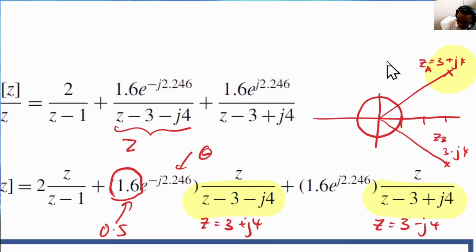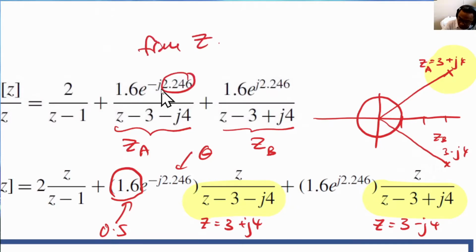This one is ZA. This one is ZB. So we are always looking at the theta from ZA, the one that is on the positive j. Because you'll be wondering which theta to use, since one of them is minus and one of them is plus. That's the idea.